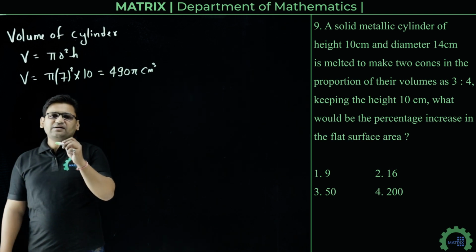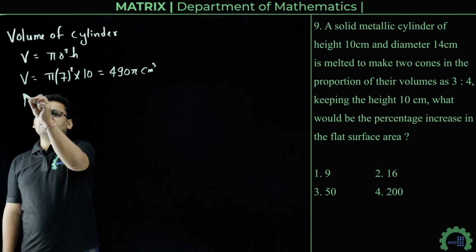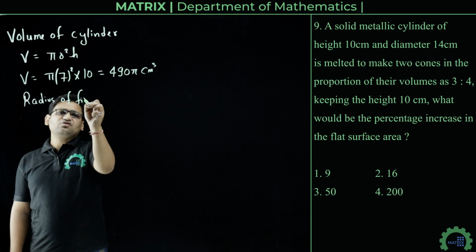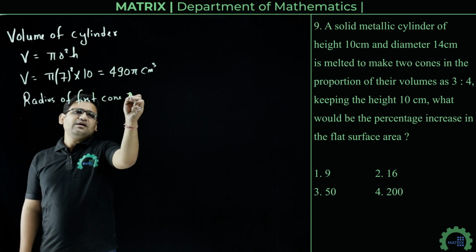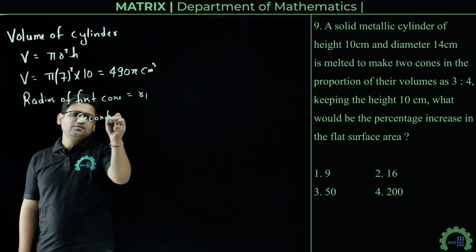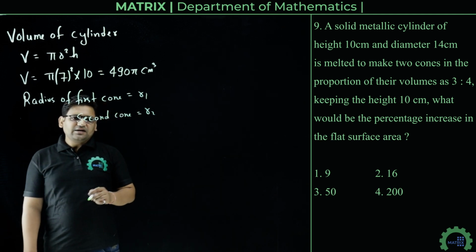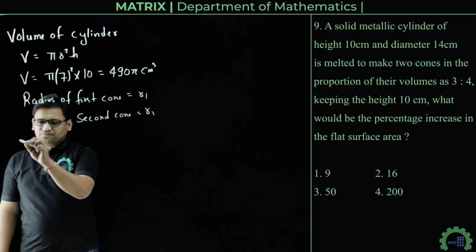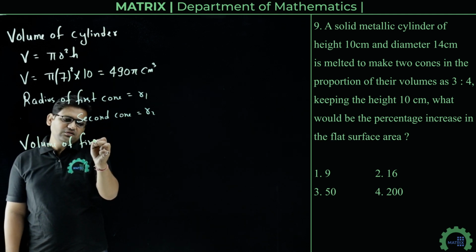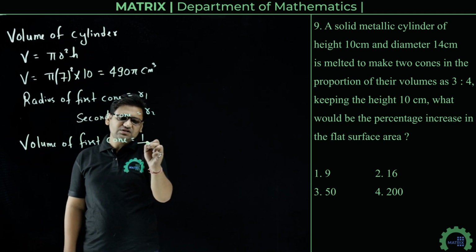Now taking the radius of the first cone as R1 and radius of the second cone as R2, we get the volume of the first cone. Volume of first cone will be 1/3 pi r1 square h.